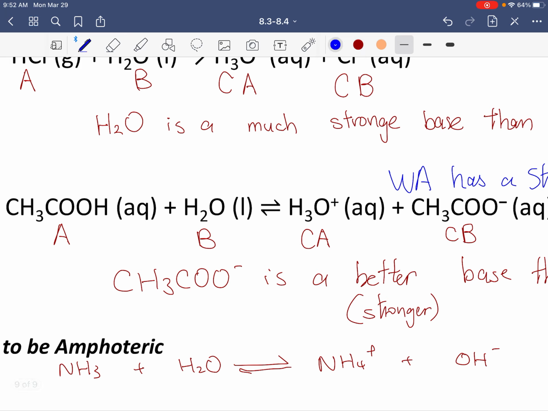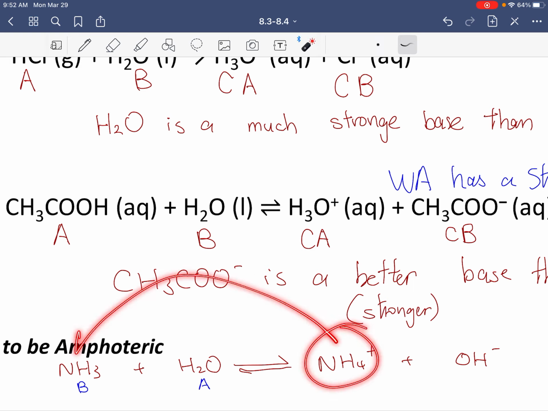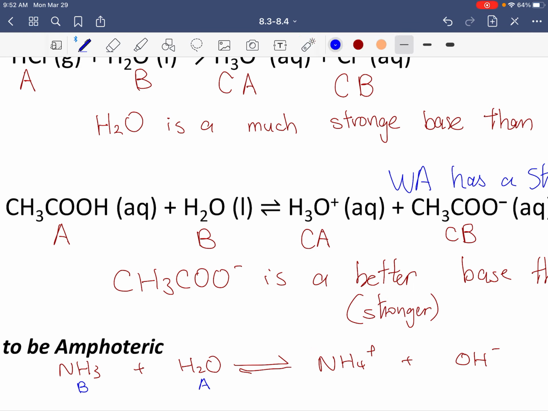Here in this case, NH3 is a base because NH3 becomes NH4 by proton accepting, which means H2O becomes OH minus because it donated a proton. So this is an acid. If you were to go backward, NH4 becomes NH3 by donating a proton. So that's a conjugate acid. And obviously OH minus becomes H2O. That's a base, and that's a conjugate base.